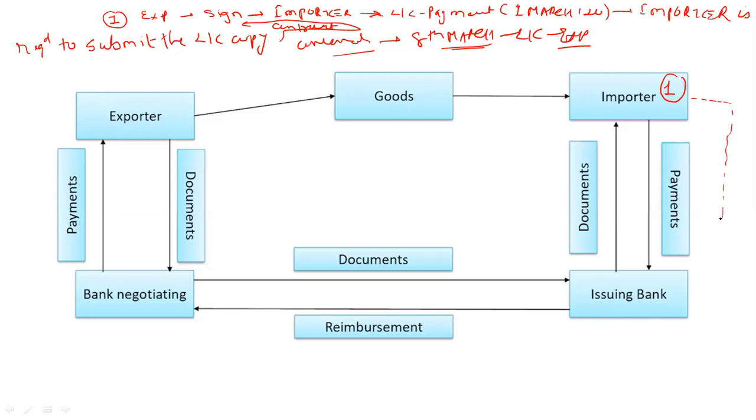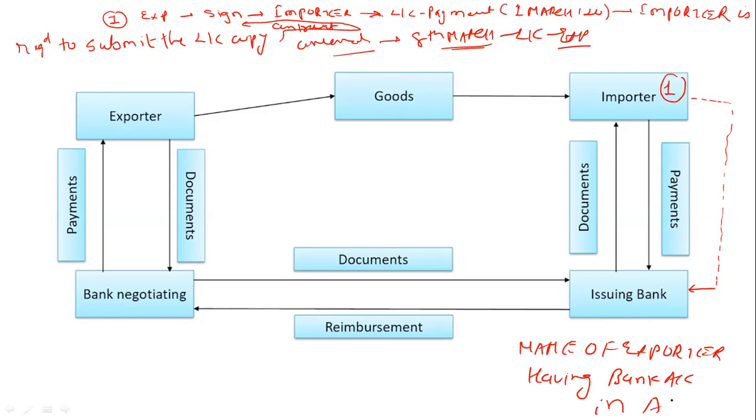its bank: sir, I need to pay a certain amount to the exporter through a letter of credit, so I am requesting you to open a letter of credit in the name of the exporter, having a bank account in ABC Bank.